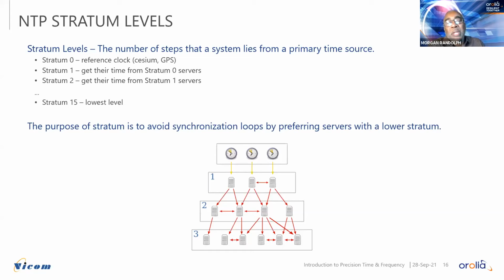The same thing applies if you point your switches to our device. If you have Cisco switches and you point them back to our SecureSync, the Cisco switch becomes a stratum 2 device.